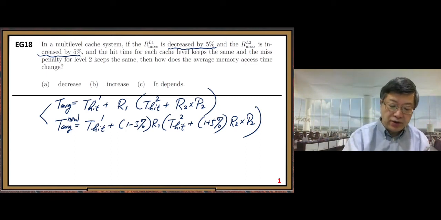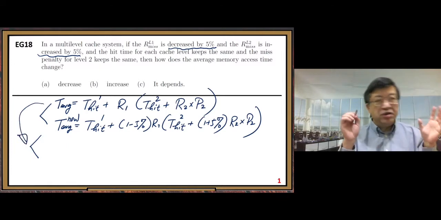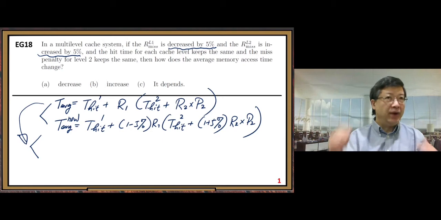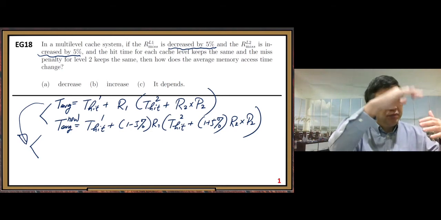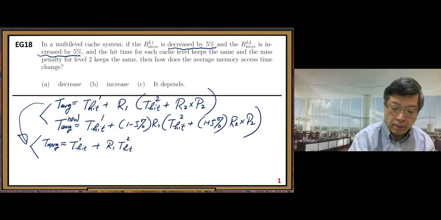In order to do the comparison, I like to expand these two expressions term by term. Then we can do the comparison more easily. The first one: the first term, hit time 1, plus R1 T2 hit time, plus R1 R2 P2.